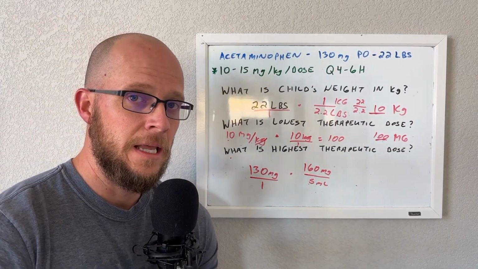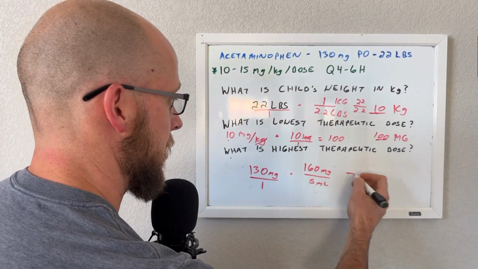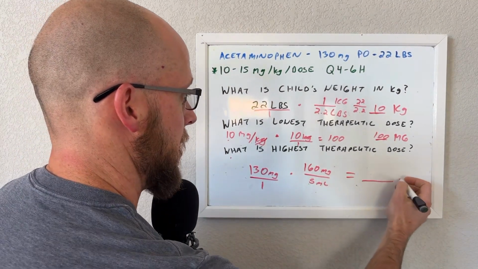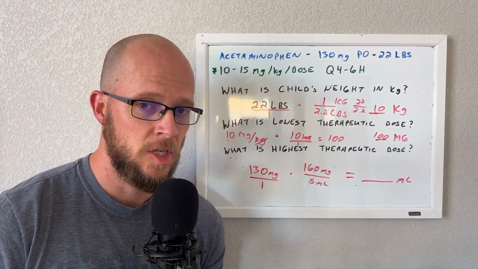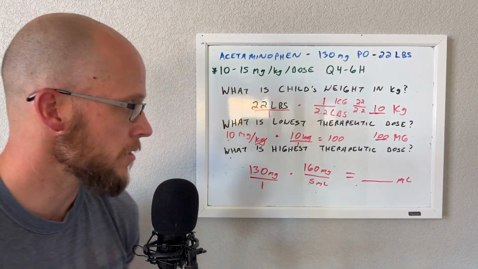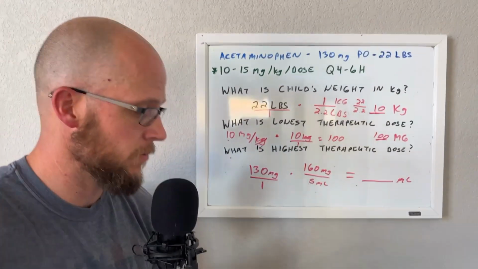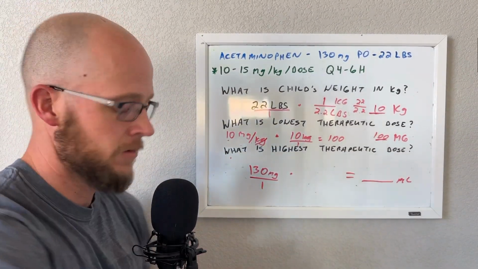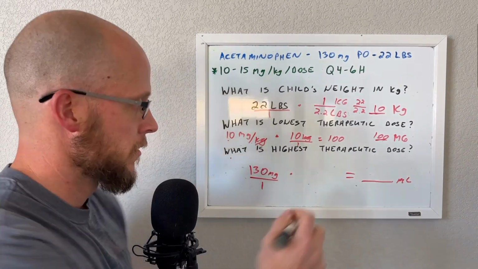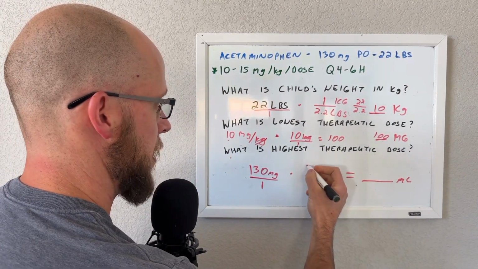And what do I need? At the very end of the day, I need to know how many milliliters I have left. So instead of doing it this way, we're going to erase the concentration. Just flip your fraction around.